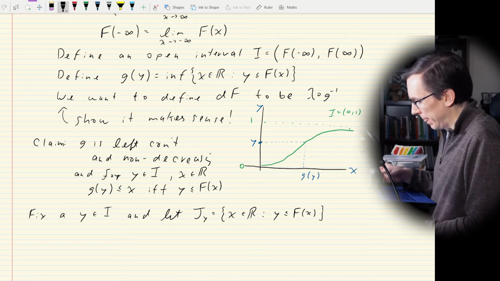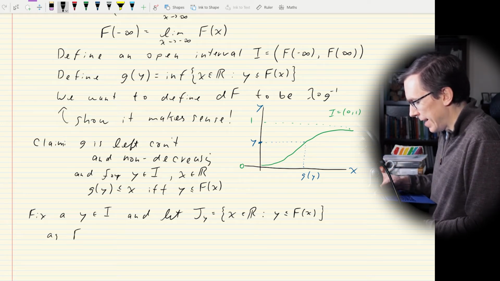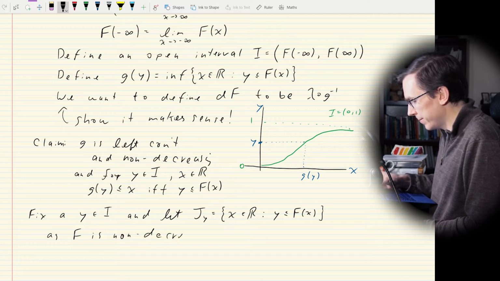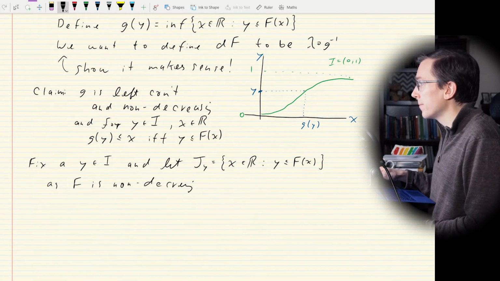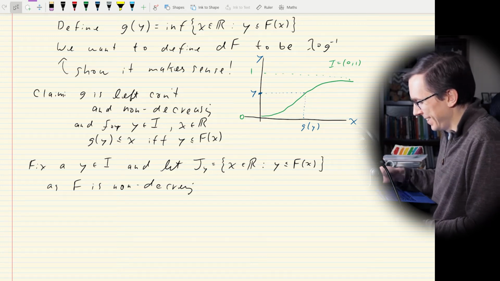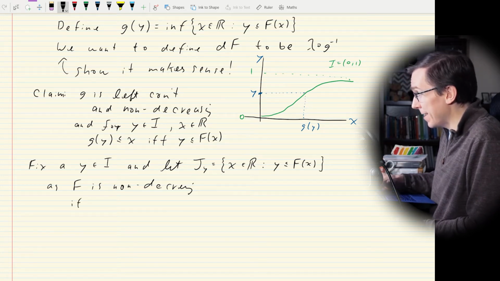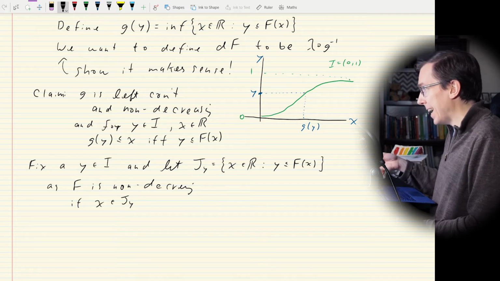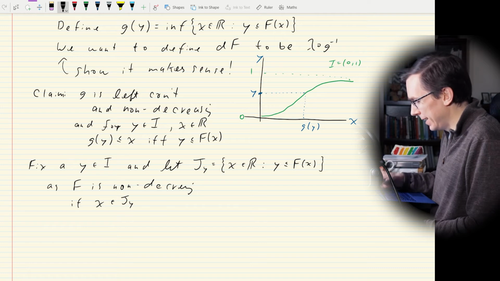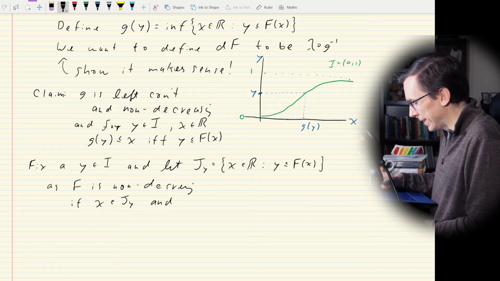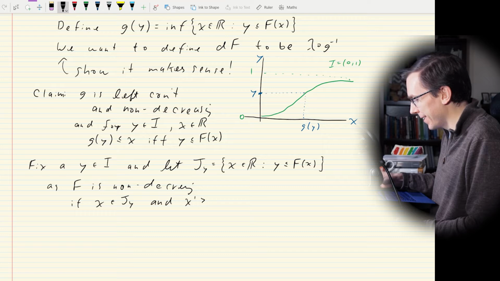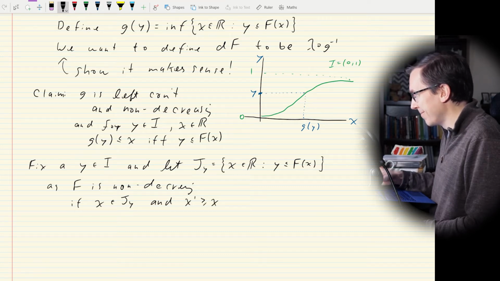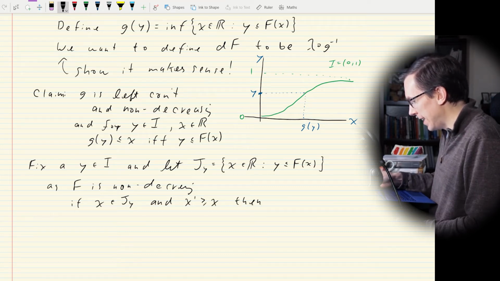And we say, as f is non-decreasing, if x happens to be in J_y, then for any x prime greater than or equal to x, x prime is also in J_y.